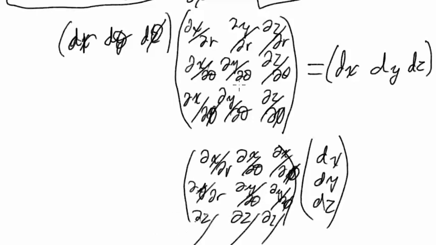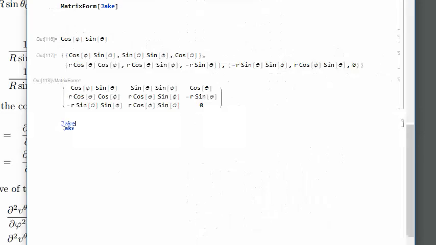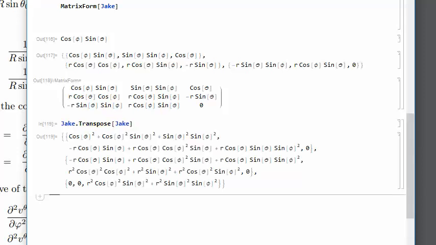So let's go ahead and take our Jake dot transpose of Jake and see what comes out. Is it symmetric?